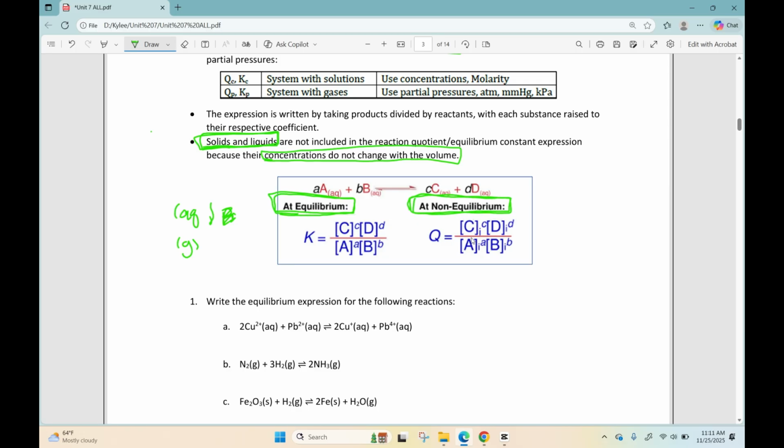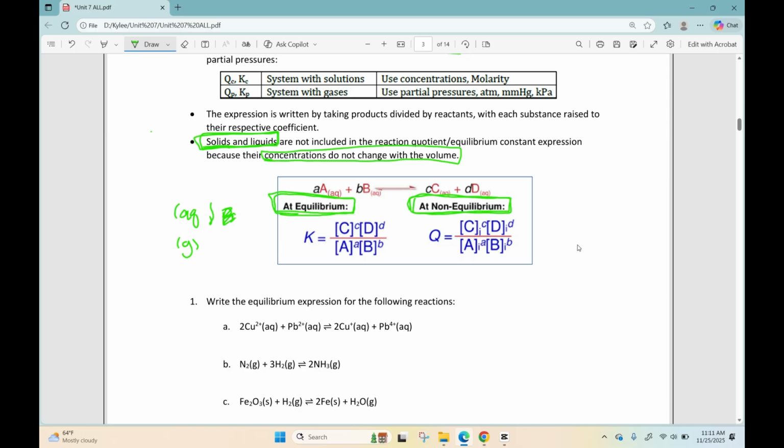That's just a little distinction that will become important in later sections when we look at things that are approaching equilibrium or moving away from equilibrium. But for right now, just knowing that K and Q are essentially the same equation should be enough to get us through this section.